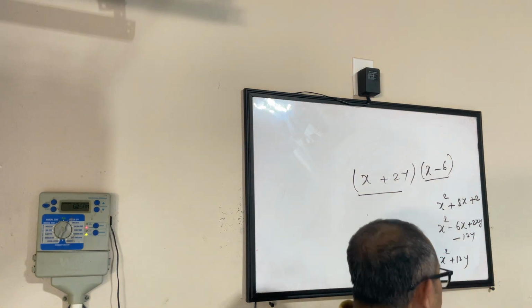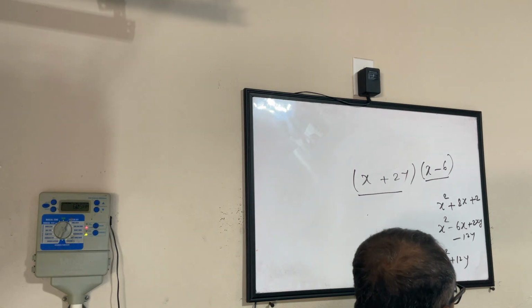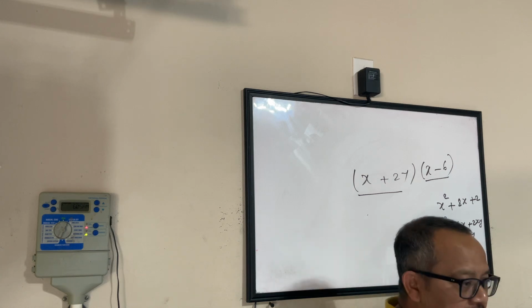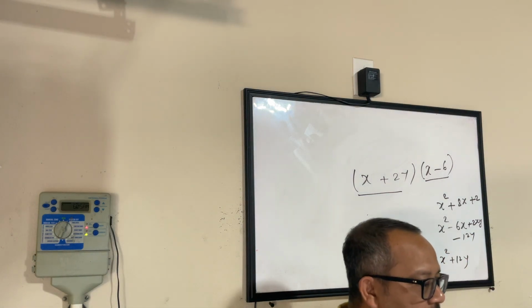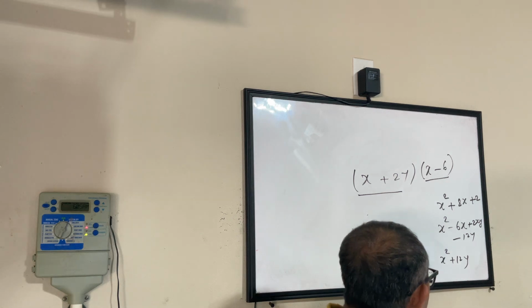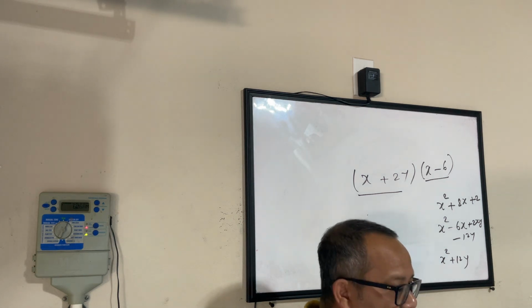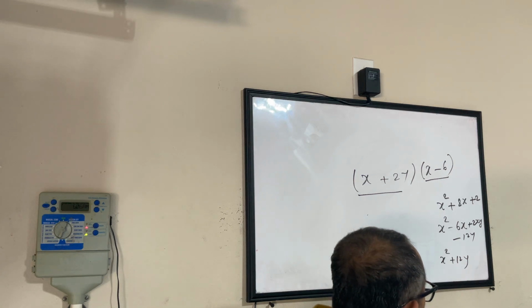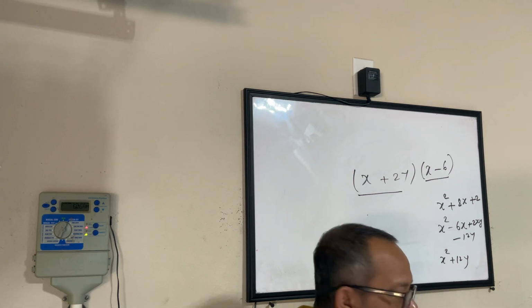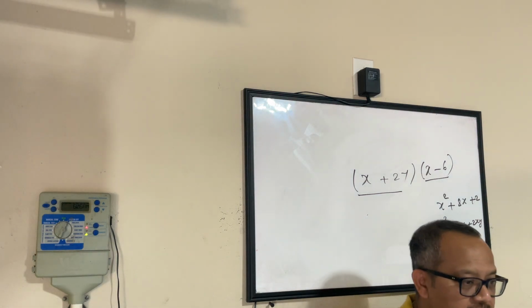Okay. Can you read for me one more time? Y is equal to x squared minus 6x minus 2x minus 12. Okay.